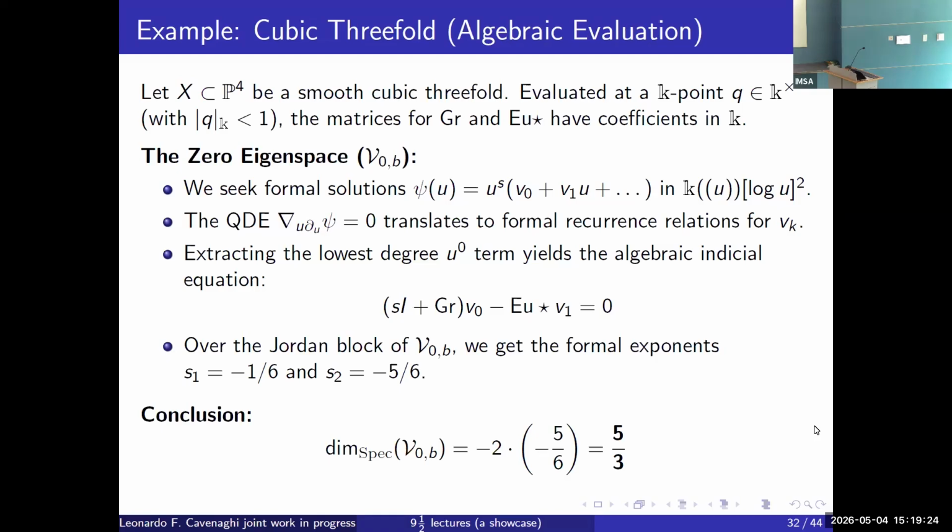For Kuznetsov, there is a semi-orthogonal decomposition for this cubic. You have this Kuznetsov component that has this dimension, and then 2 exceptional objects. If you compute here, you're going to see that the corresponding spectral dimension for the other 2 eigenvalues is 0. Okay, 0.